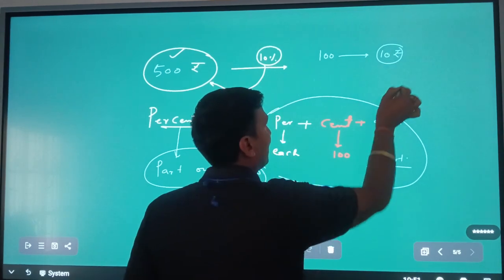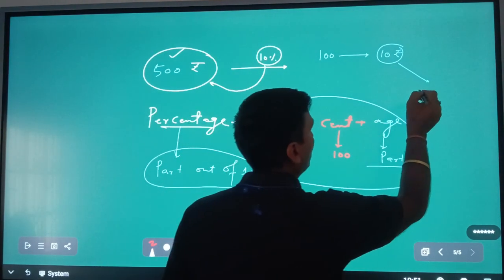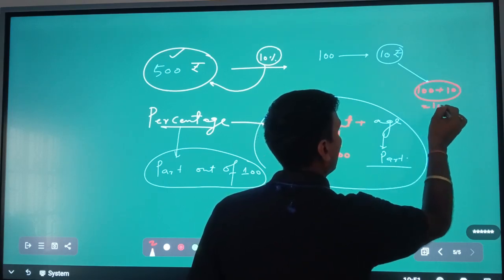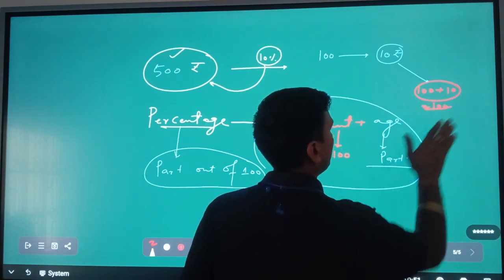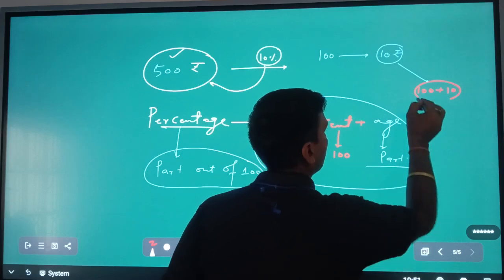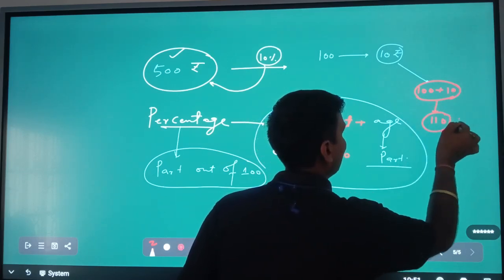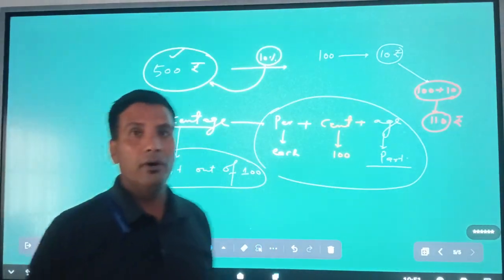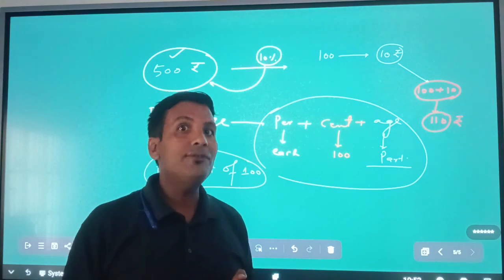It means my selling price, the price at which I am going to sell it, is going to be 100 plus 10, that is 110. ₹110 is what I would have charged from him. But the investment of mine is 500, not 100. It means the base is 500.